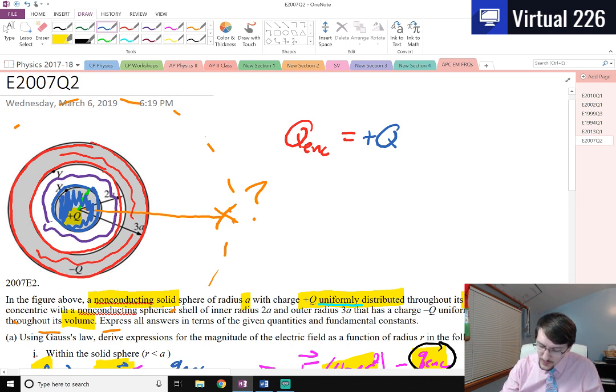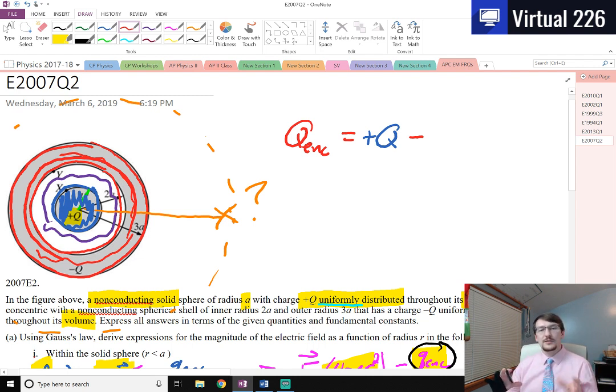But we also have to subtract some amount of charge that we're putting in this outer donut. Now, if you wanted to find the volume of an outer donut, what you have to do is take the top side of the donut, the outer edge, and subtract it from the inner edge.